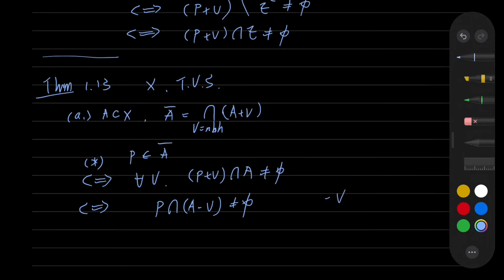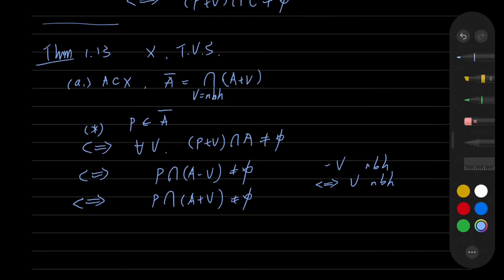Since V is a neighborhood if and only if minus V is a neighborhood, we can also just turn the minus sign to a plus sign. And this is similar to saying that the closure of A is the intersection of all these sets. So that was easy.